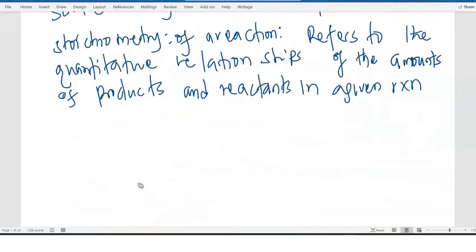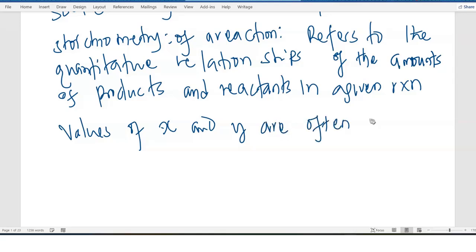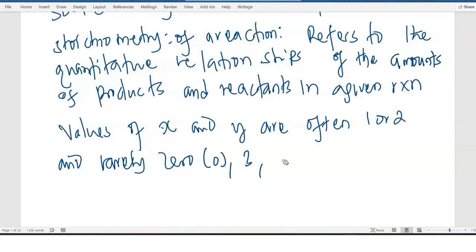And as we said, the values of x and y are often 1 or 2. They can be 1 or 2 and rarely 0, 3, a fraction, and even a negative.